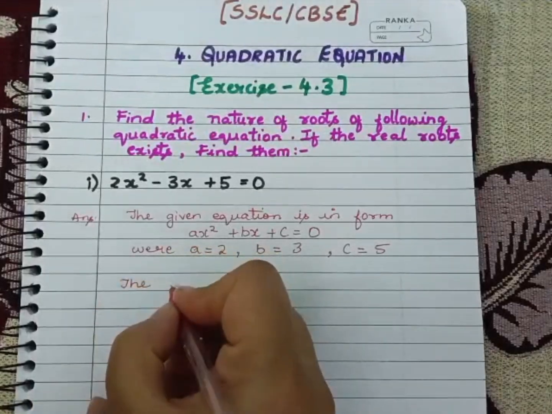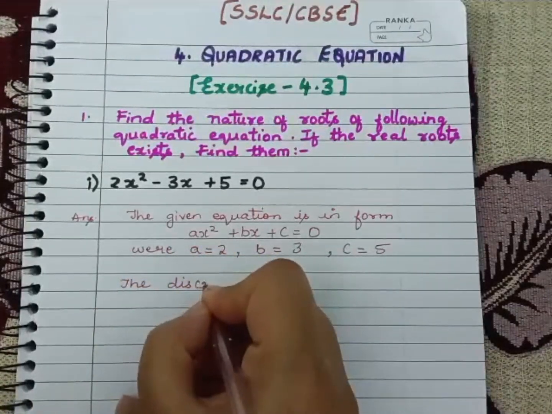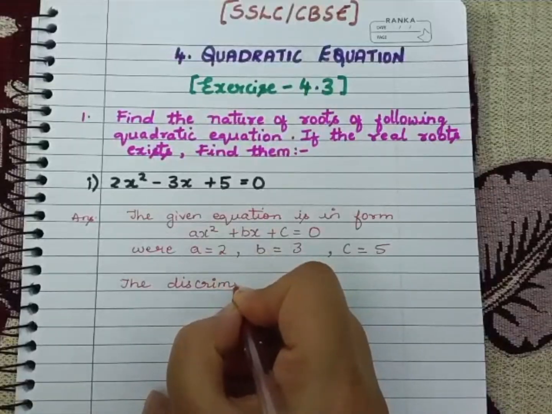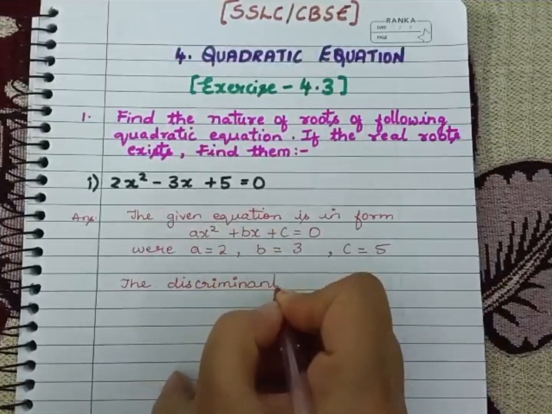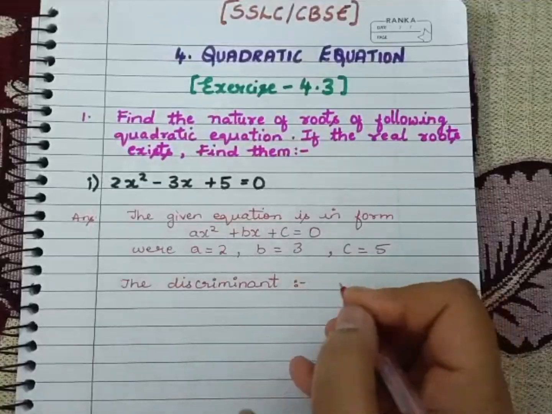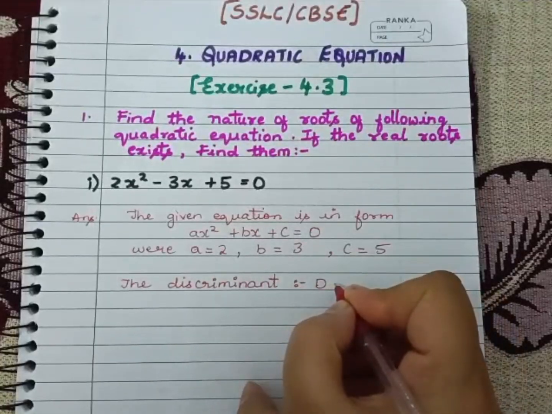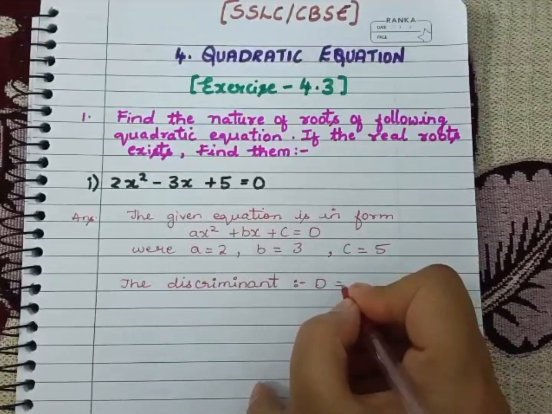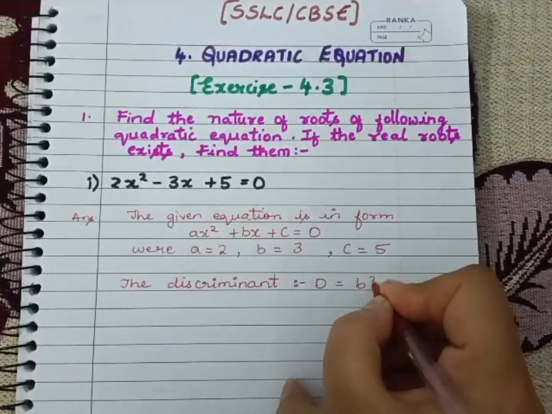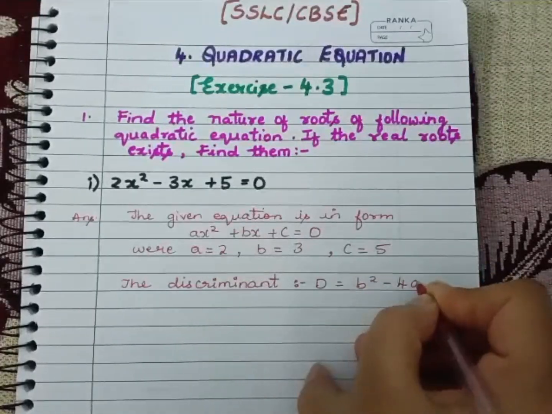The discriminant formula is D is equal to b square minus 4ac.